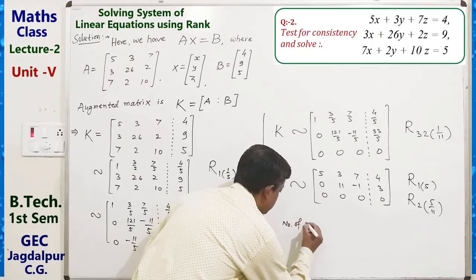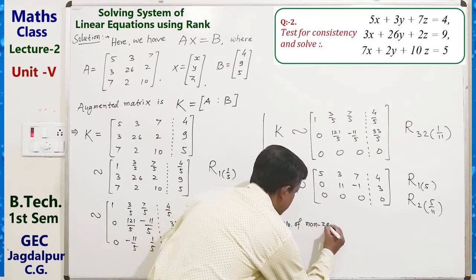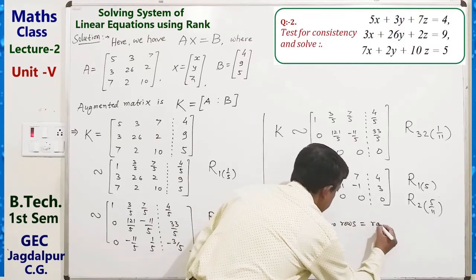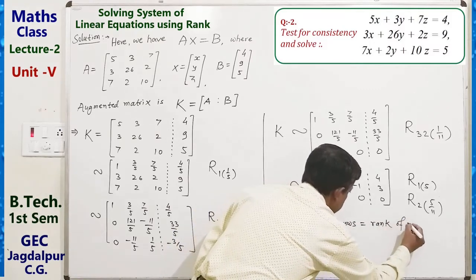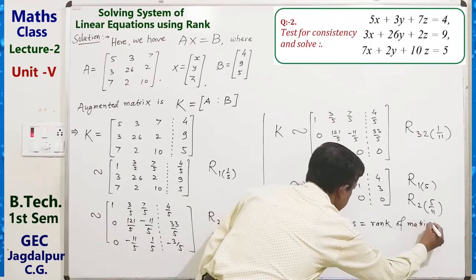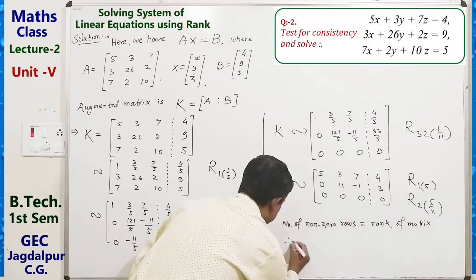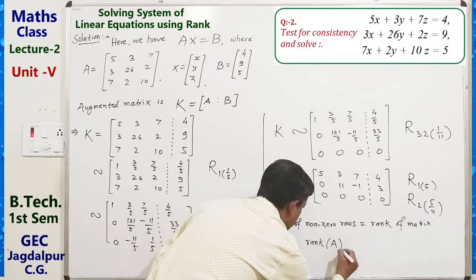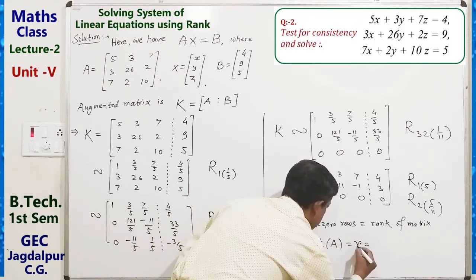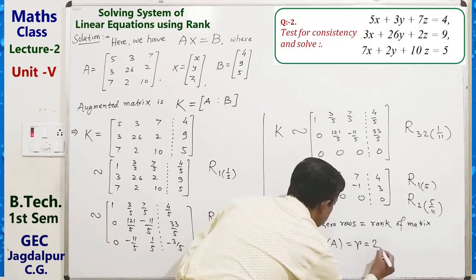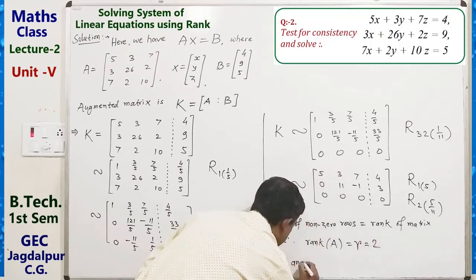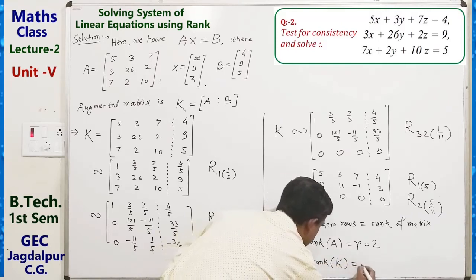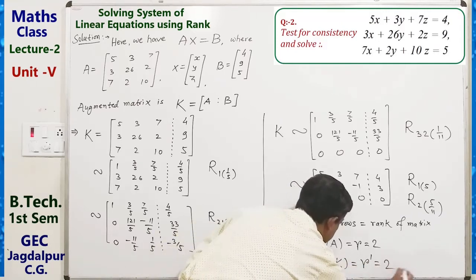Number of non-zero rows is equal to rank of matrix. Therefore, rank of A equals R equals 2 and rank of K equals R dash equals 2.